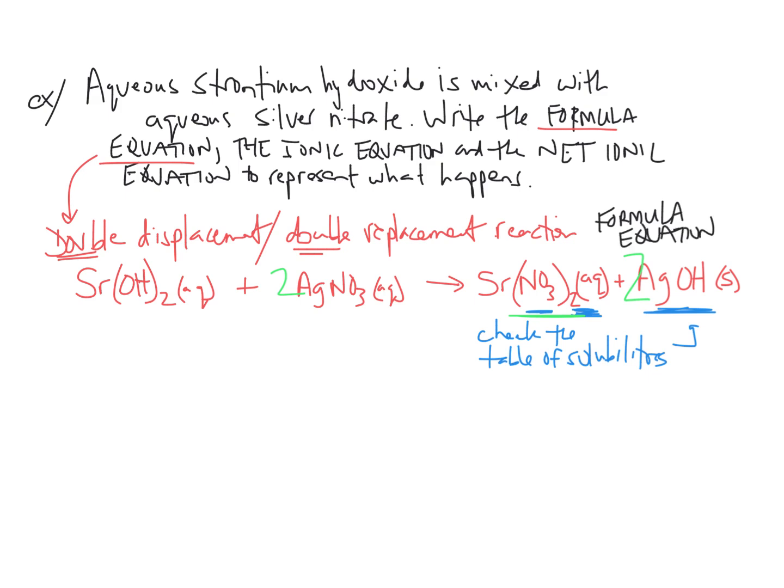Okay? Next, it says to write the ionic equation. When you're writing an ionic equation, you're just writing out everything as ions. And we know that since all of these are ionic compounds, they're essentially all going to exist as ions. The exception, the one you don't write as ions, is the one that stays together as a solid.